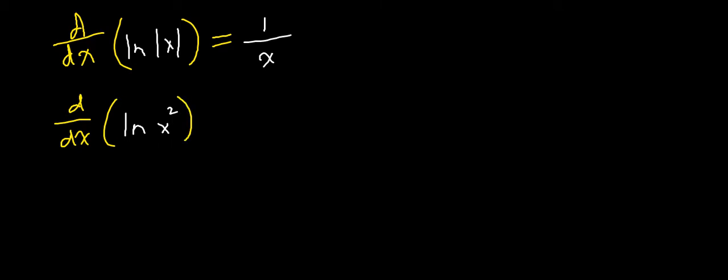I noticed that in terms of this derivative, we have an outside function and an inside function. So let's look at what the derivative of this would become. Obviously we're going to use the chain rule.